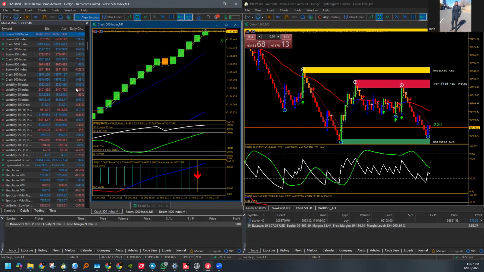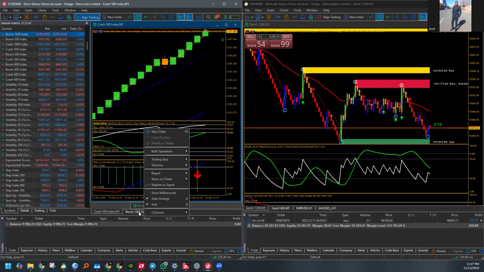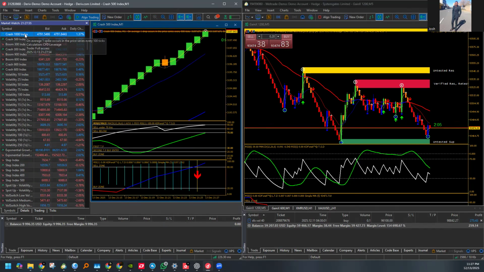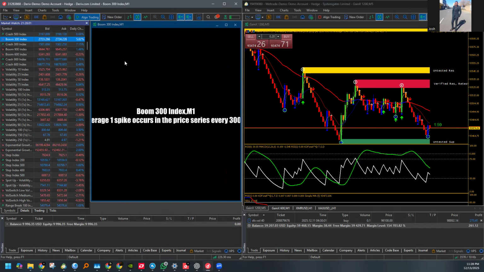So this Crash 500 also, at the moment, I think that's more reason why these guys have introduced the new pairs, because they know you can't be on the same pairs for some time. So now let's try and compare this one.